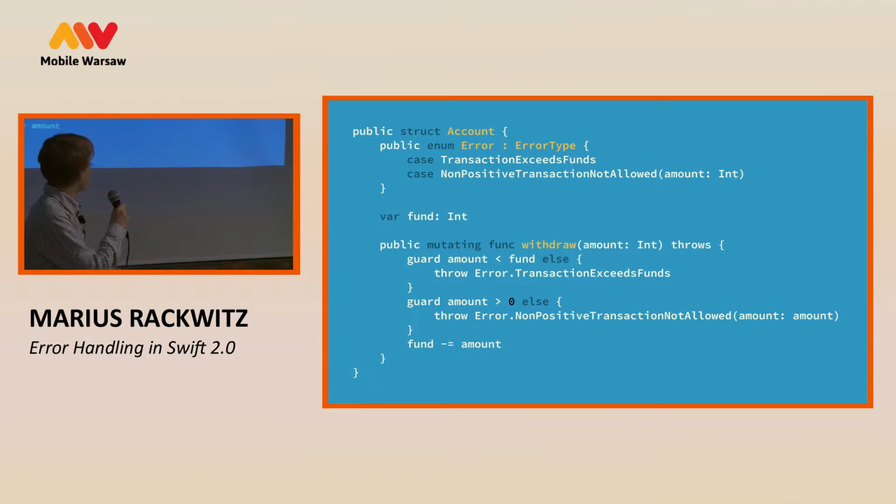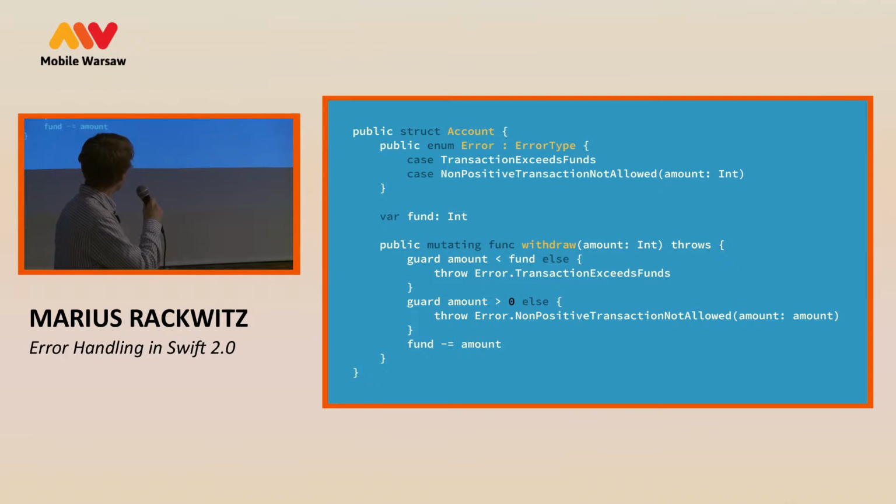So what we have here is a struct Account, which represents a bank account, like a typical example. In that struct, we define a subtype. It's an enum Error, which implements ErrorType, the protocol which is necessary for Swift 2's error handling.